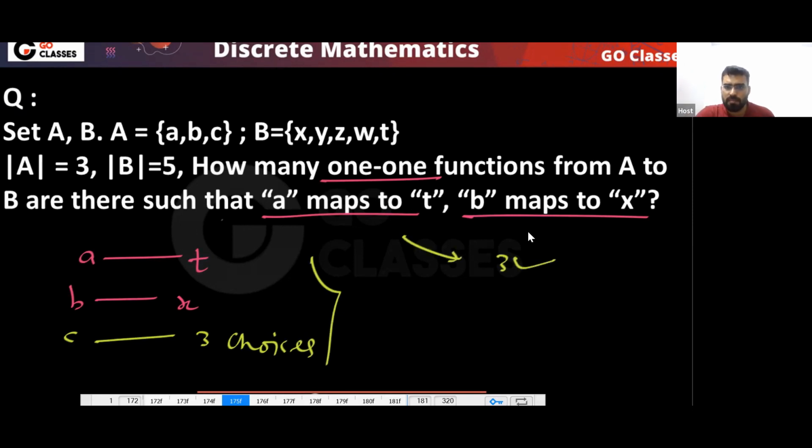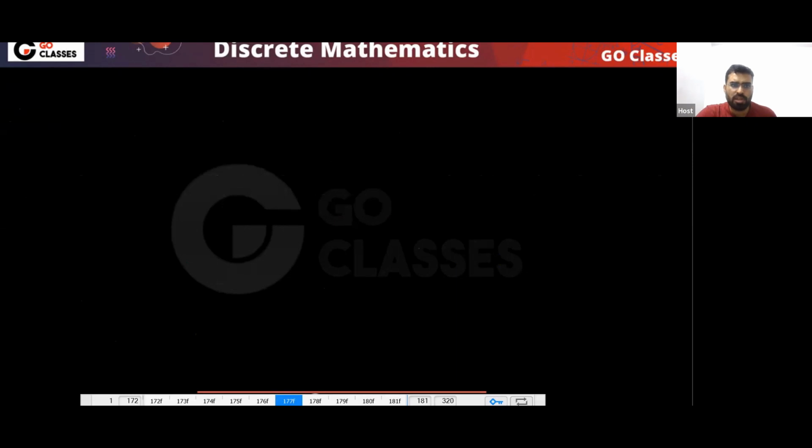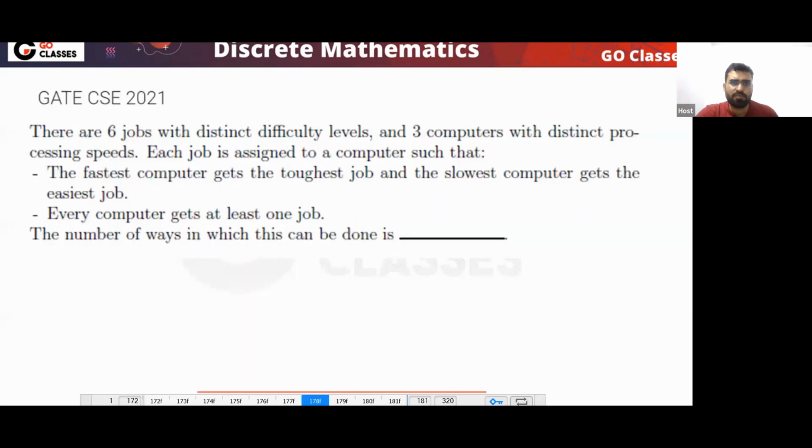And this is your GATE 2021 question. So tell me the answer for this. There are 6 jobs with distinct difficulty levels, means different. 3 computers with distinct processing speeds.